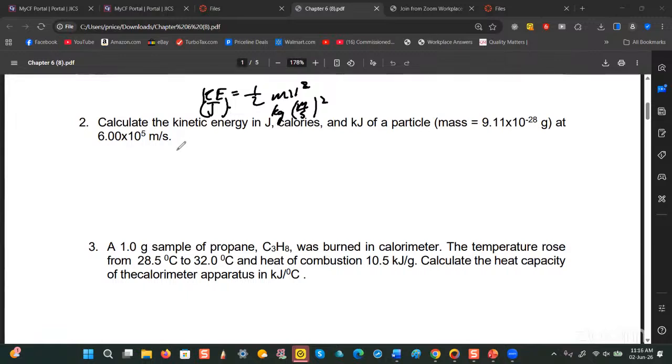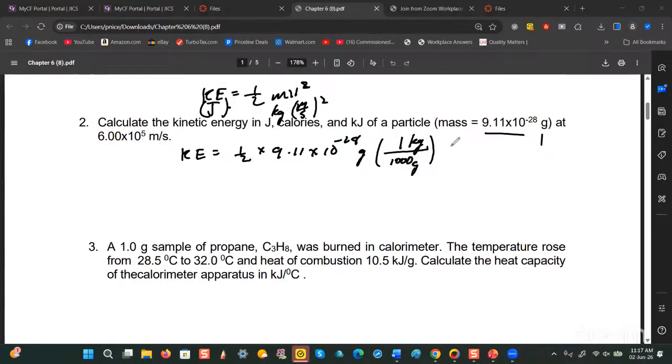In this case, you're asked to calculate the kinetic energy of a particle and it gives the mass and the velocity. So kinetic energy will be equal to half times the mass. Notice, the mass is in grams. So I'm going to write down half of 9.11 times 10 to the minus 28 grams. We have to convert this to kilograms by multiplying by 1 kilogram over 1,000 grams.